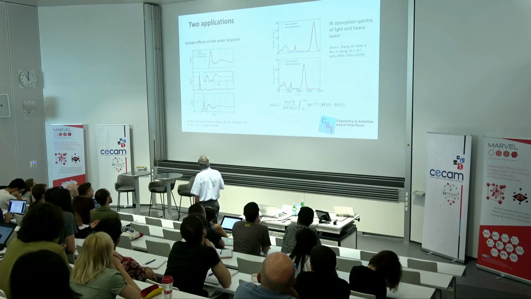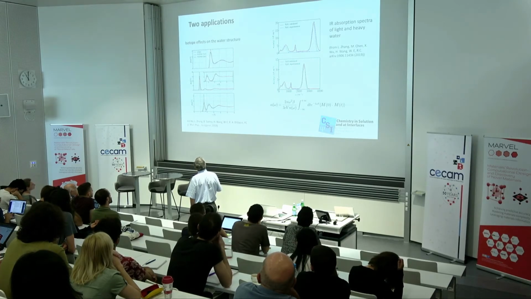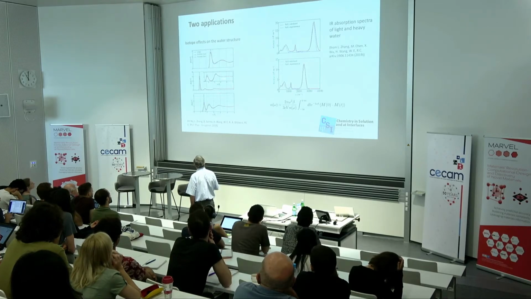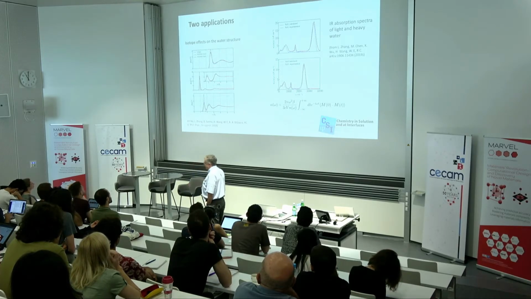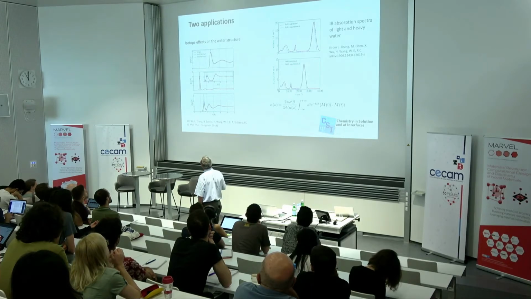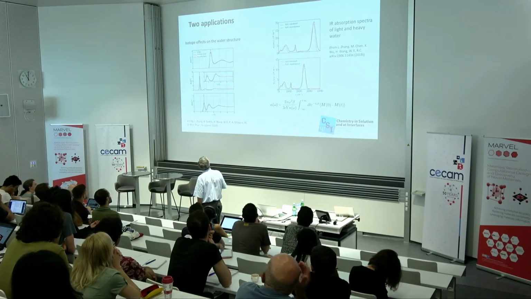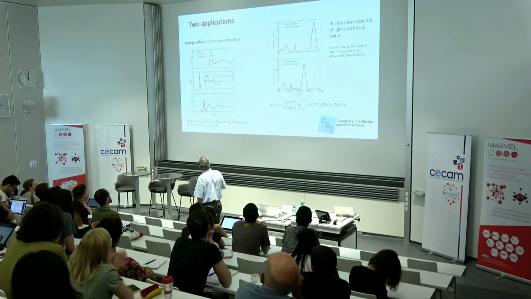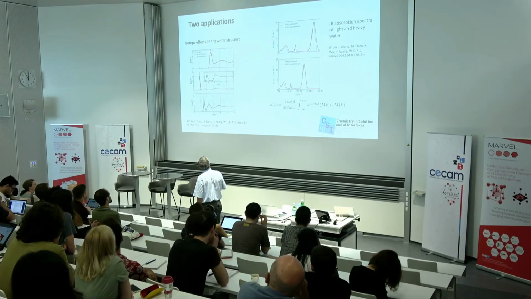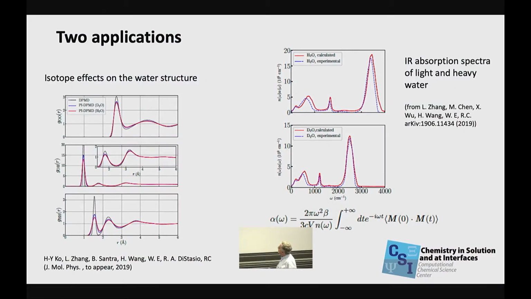Now, just an example of two applications, still with small systems. This is 500 molecules at the level of a hybrid functional, and with DPMD we can do PI-DPMD for heavy water and for light water, and you see these small differences in the pair correlation function actually compare quite well with what is observed in experiment.